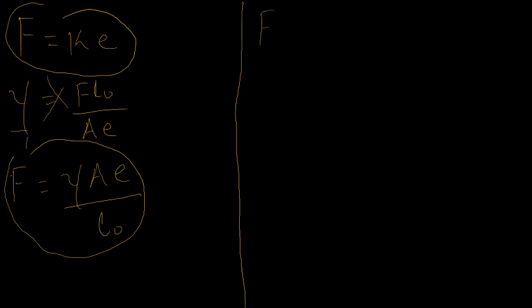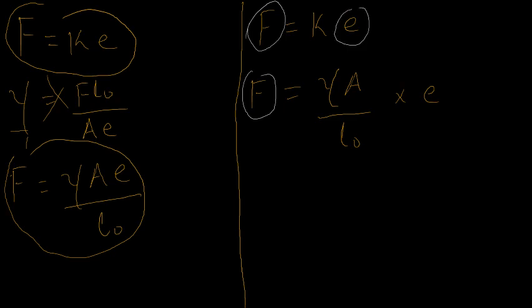So F is equal to KE, and then F from the formula of Young modulus is equal to Young modulus times A all over L naught, then times E. Okay, so we can see that F here, E here, E here. Therefore, we can conclude that K is equal to Young modulus times the area all over length.